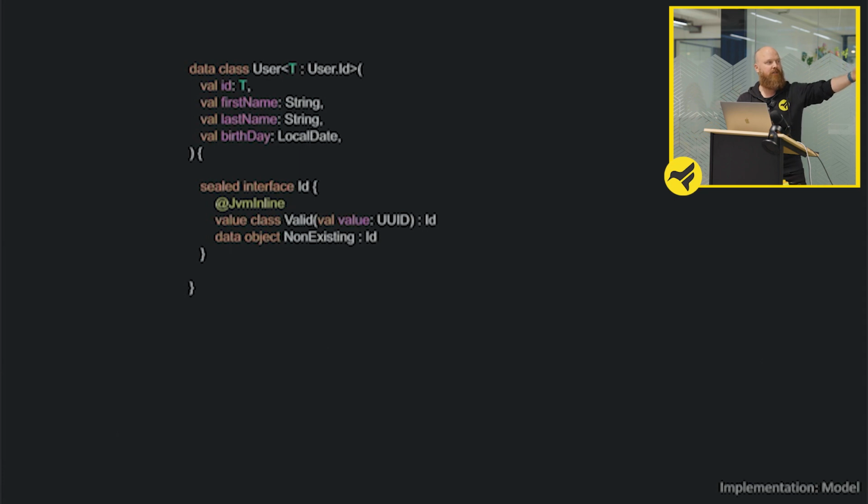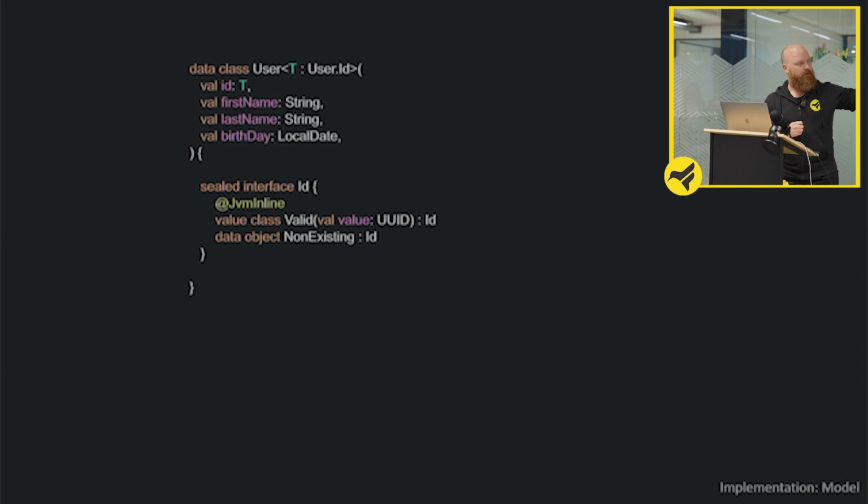And this is one of the ways you can actually make the problem space, if you will, about the user smaller. Because now it cannot be any UUID. You can actually differentiate between incoming and outgoing requests. And this can be done with value classes, for instance. These are inline classes on the JVM.